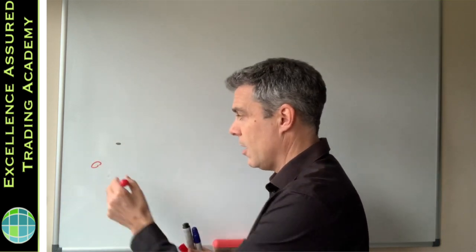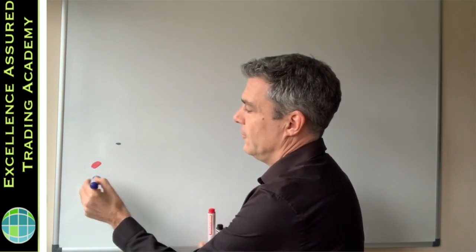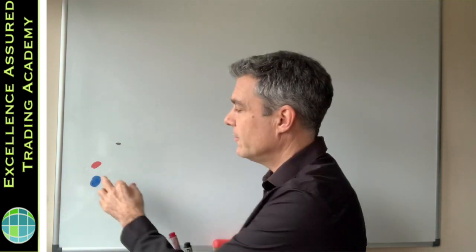However, you have a number of people who are sat on the sidelines who are potential sellers, and you have potential buyers. So we'll put the sellers in red and we'll put the buyers in blue. Let's just say that based on where we are at the moment, there's a slightly higher number, or higher amount of money as well, perhaps, of buyers than there are of sellers.